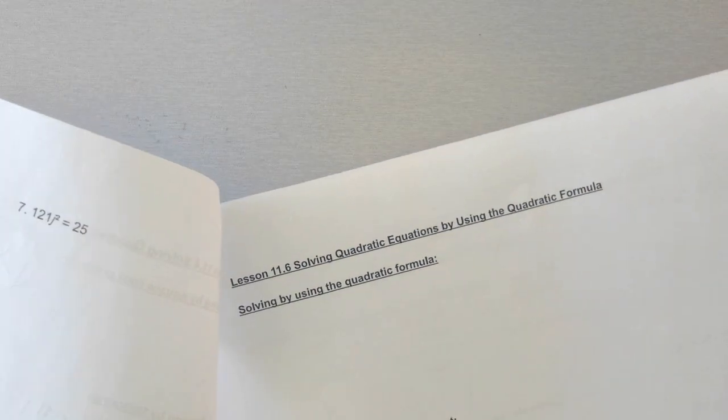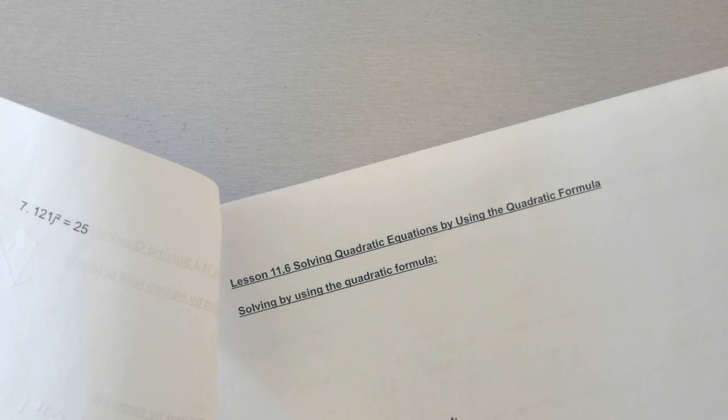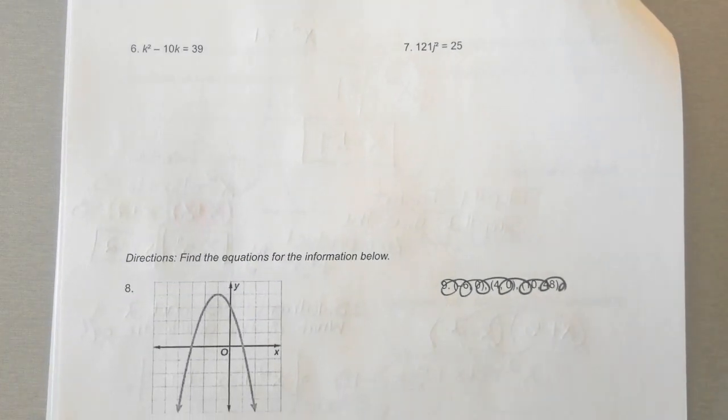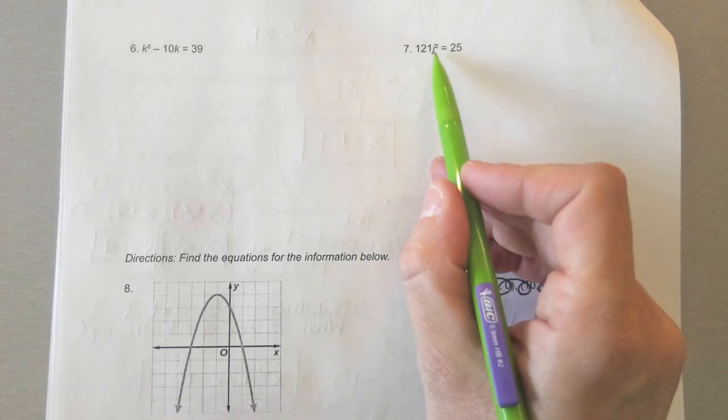Let's see if there are any others like that, because there are a couple on the back. Let's go to number 7, because 7 is similar to that. So let's knock out all the problems that are the square root problems to solve. Do you see how there's only a term squared?